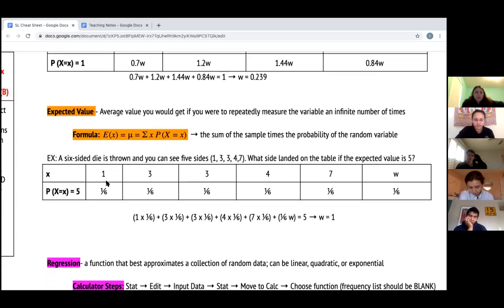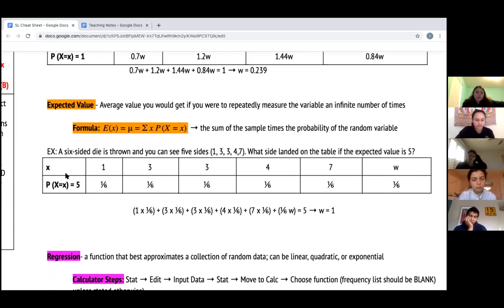An example of this, it's usually used within a chart like this again, is a 6-sided die is thrown and you can see 5 sides. Let's say it's a 1, 3, 3, 4, and 7. What side landed on the table, the expected value is 5. So basically here, you know that this notation again means that this equals 5.